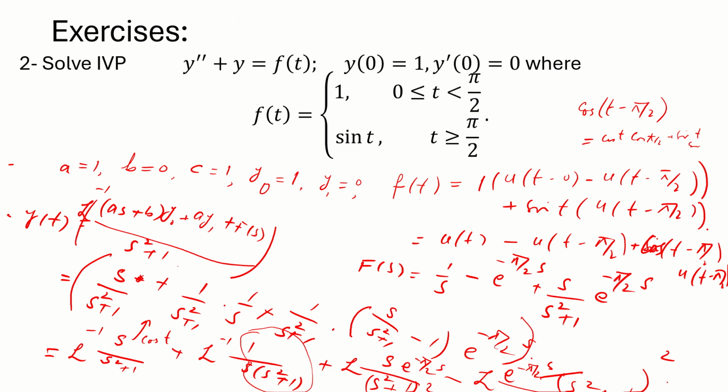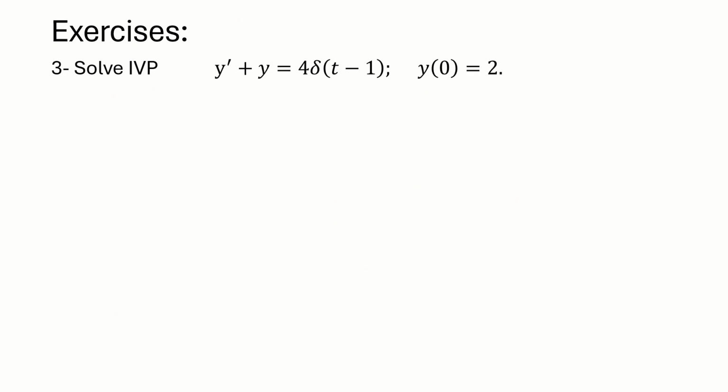Right. Next is a question which uses the Dirac delta function. The concept is the same. You can do it directly as well, if you don't want to use the formula: the Laplace of y dash, plus the Laplace of y, equals 4 times the Laplace of Dirac delta (t minus 1), whereas y of 0 is equal to 2, that is given.